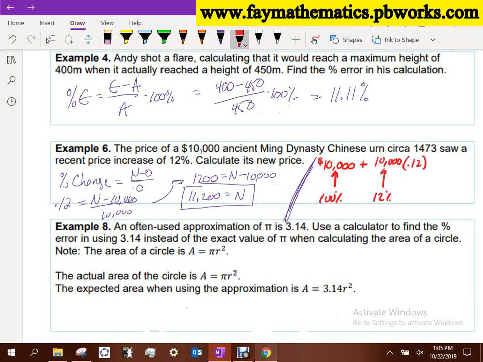Does that make sense, everybody? And that will tell me the monetary amount of the increase. If I take 10,000 times 0.12, I get 1,200. That tells me how much this thing has increased. Well, if I buy it, I have to pay that 1,200, but I also pay the original 10,000. So if I add those two numbers together, do I get 11,200 again? Okay. This is the logic here.